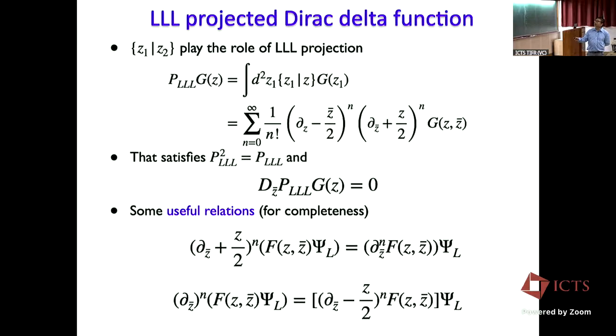You integrate any function G with the lowest Landau level delta function to get a new function that satisfies the lowest Landau level constraint. Any function, with the measure d z d z bar. But then when you integrate with the lowest Landau level delta function, you satisfy the lowest Landau level constraint.